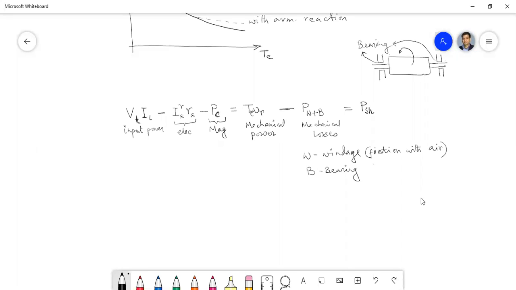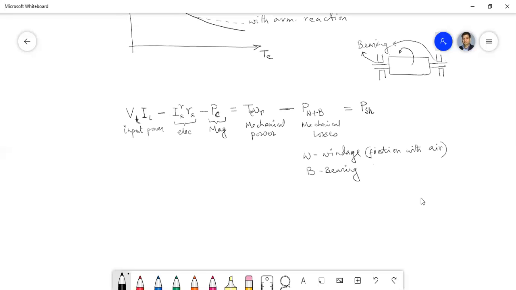First, we run the machine at all the conditions. That means having load current, full voltage, full load. So everything is rated condition. Okay, so there we can get all these losses.